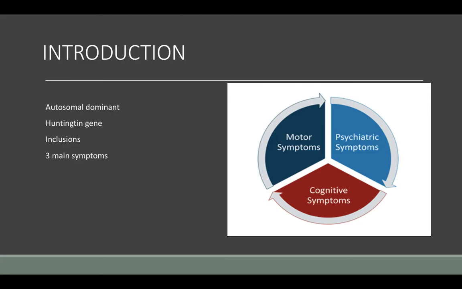What is lesser known is that Huntington's patients have psychiatric symptoms that happen before motor symptoms. And the motor symptoms typically are the marker of when people go into the clinic to be formally diagnosed with Huntington's disease. So if we can find out what's going on in the brain that is causing these psychiatric symptoms about 10 years before motor symptoms show, there might be something that we can do to help these people sooner.